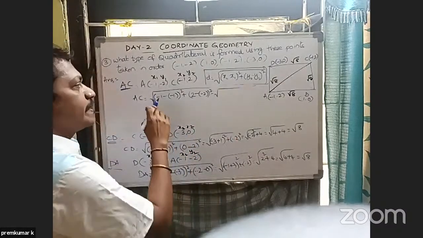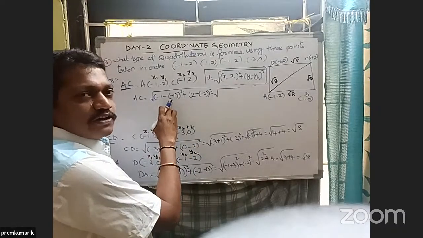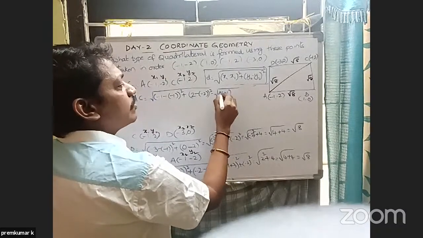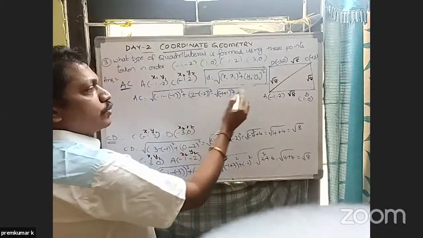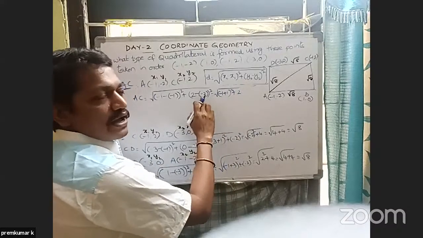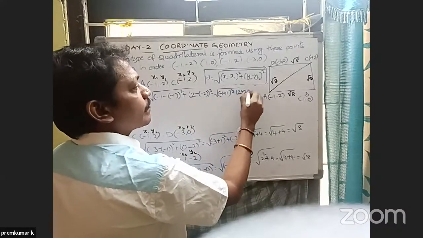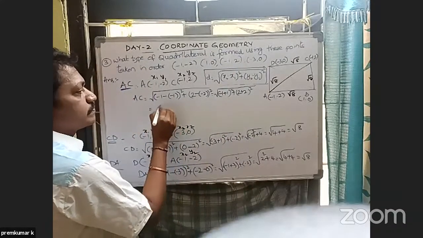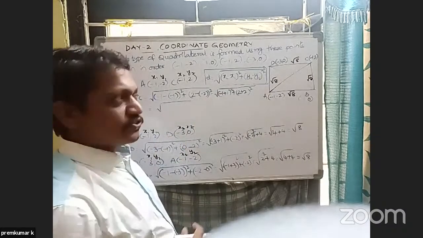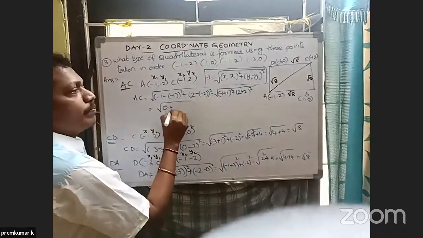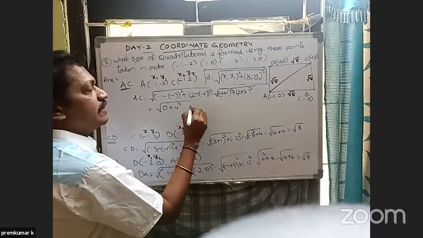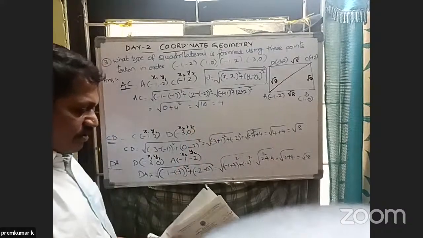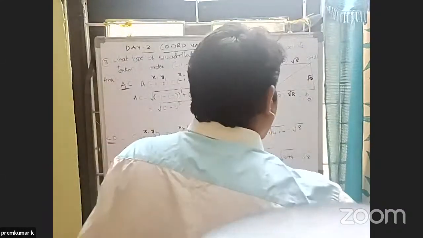Here I am writing -1 minus of -1 is +1. That is -1 plus 1 whole square and 2 minus into minus plus 2 whole square. So -1 and +1 is 0. 0 square is 0 plus 4 square. That is 16. Once again, you will get the answer as 4.